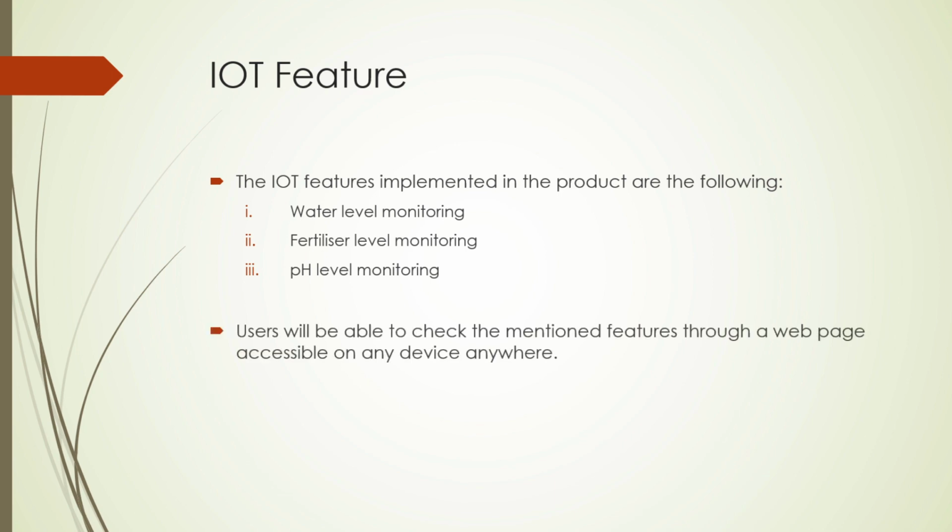All 3 of these features will be available on a web page where the users can check on any of their devices, either from a desktop, from a phone browser, or from a laptop.